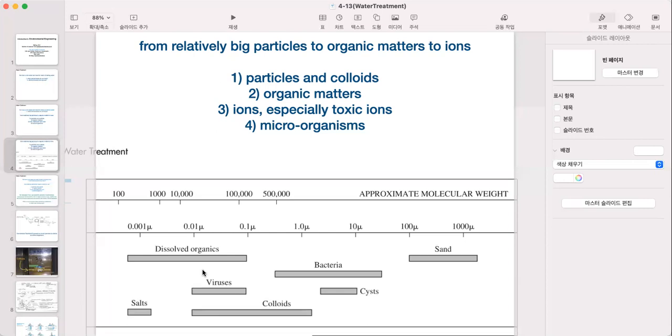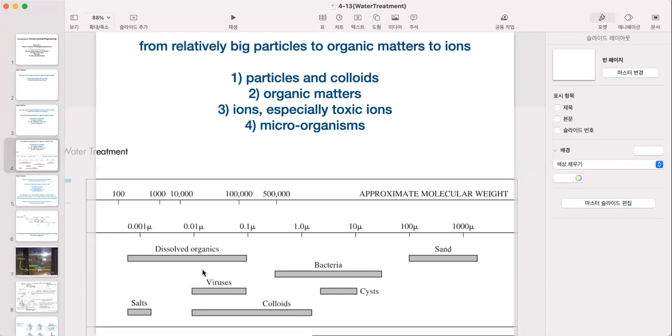But colloid plus colloid plus colloid, so 3 and 4 and 100 colloids get together to form the floc. The floc is much bigger than a colloid.